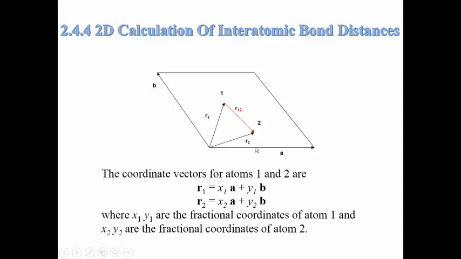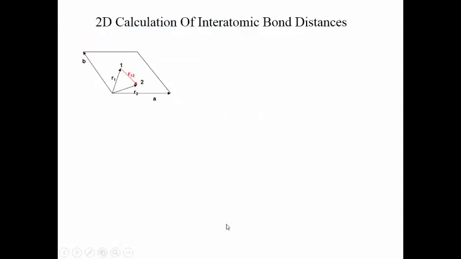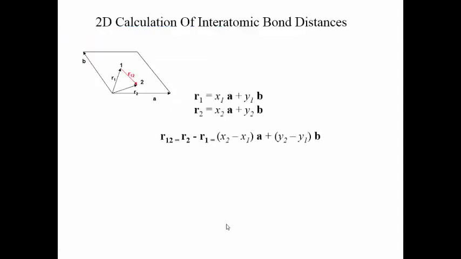Notice that all of this has the same basis vectors, so A and B are the same for both equations. So now we take the difference. We can say R2 is equal, vectorially, to R1 plus R12, and if we solve for R12, we get R12 is equal to R2 minus R1.